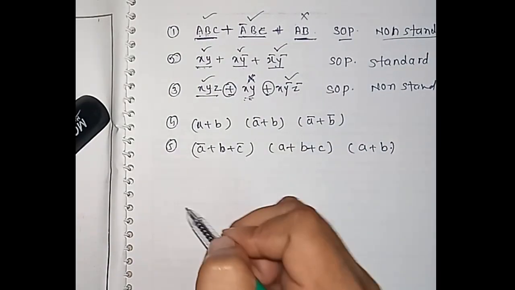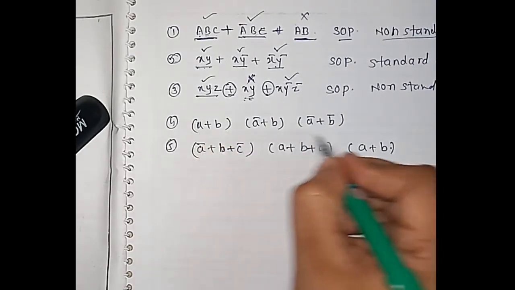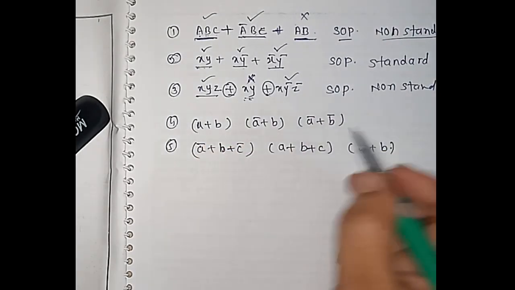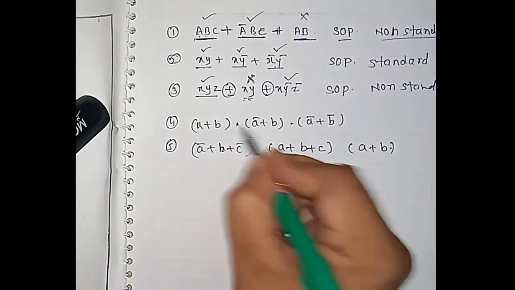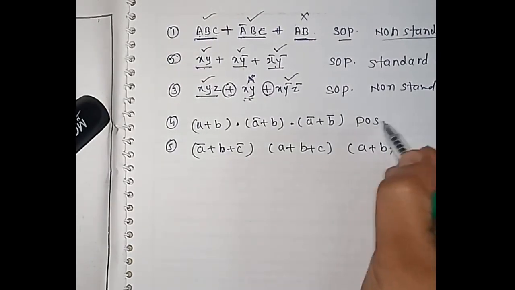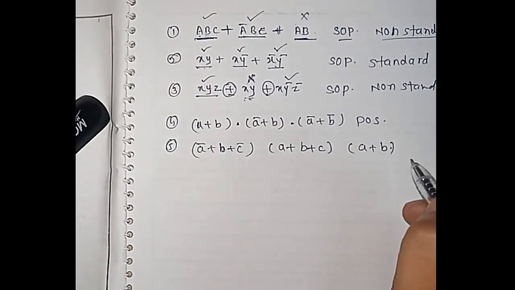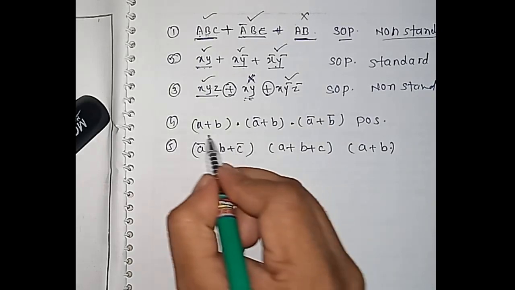Now consider the next example. For this example, first find out the type of equation. Here the product is taken of the sum terms, so this is a POS equation. Then find out whether it is standard form or unstandard form. For that purpose, consider all sum terms.